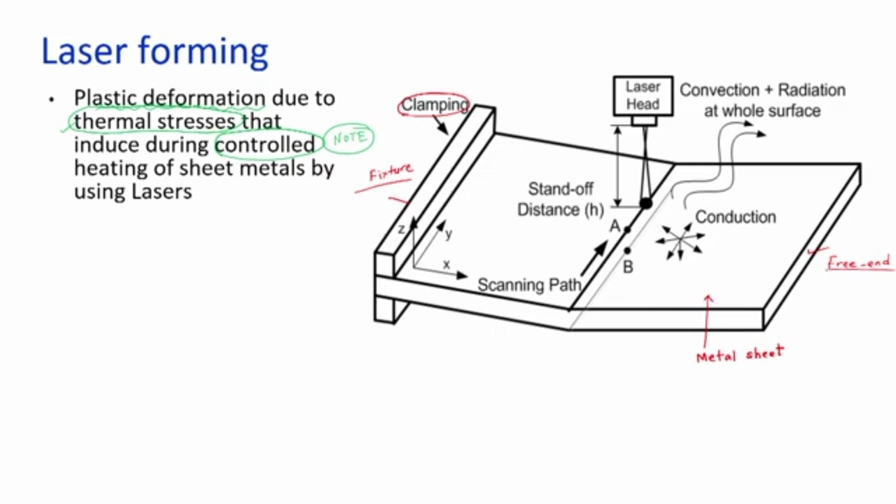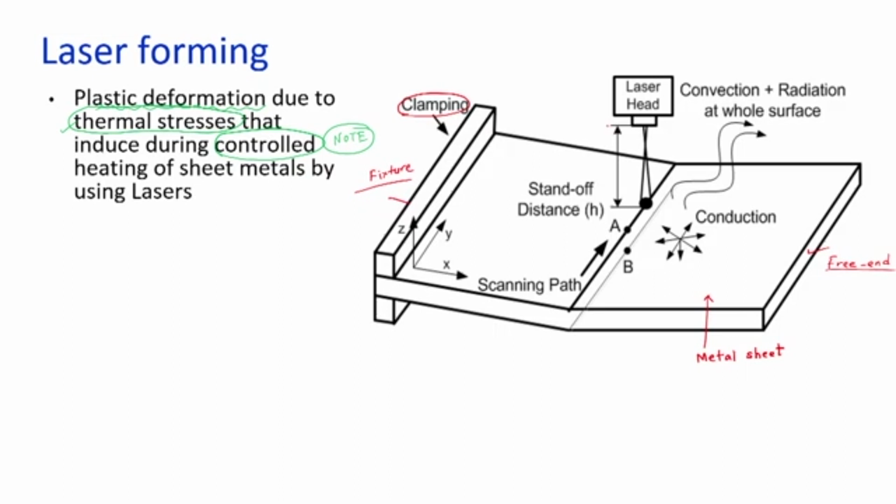Now, we are using a laser beam here. To get the deformation, we should apply sufficiently high power. We can apply a CO2 laser or we can use an Nd:YAG laser as well for this application.